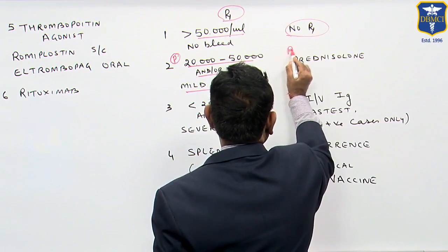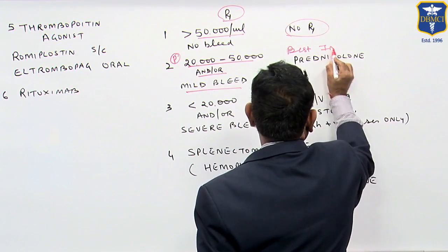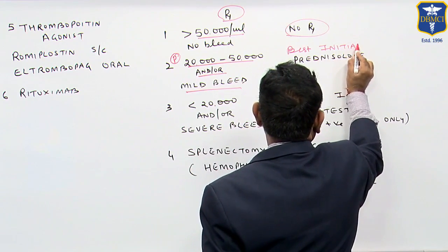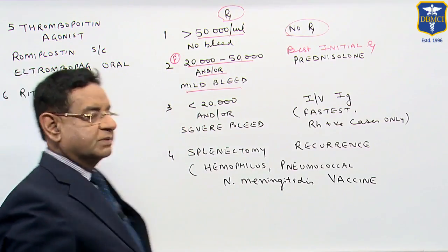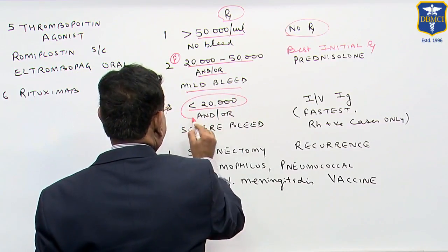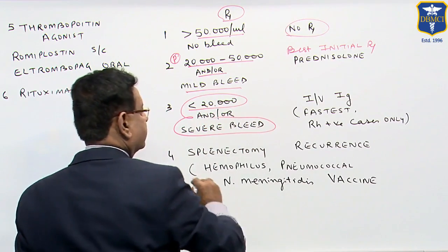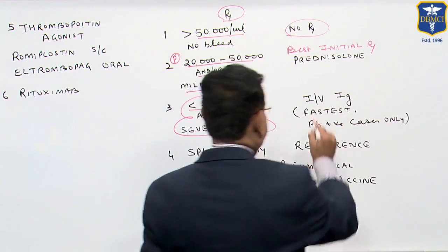It is the best initial treatment. If the count is below 20,000 and or there is severe bleeding, then we have to give intravenous immunoglobulin.